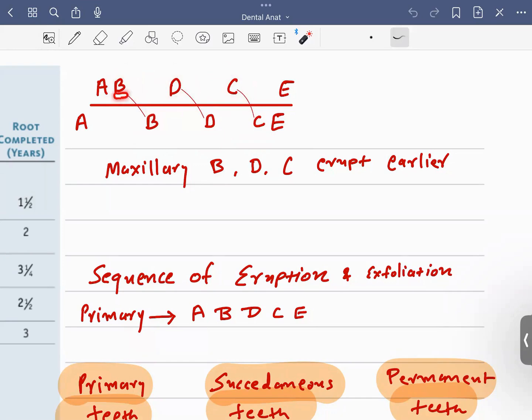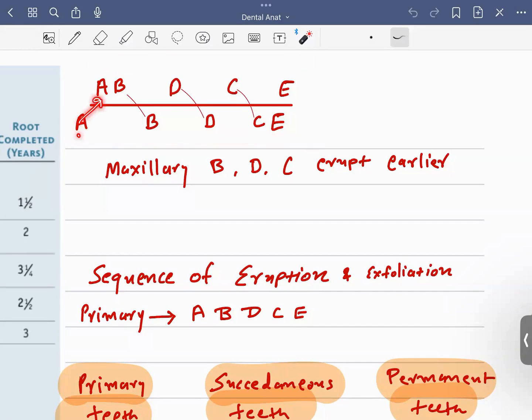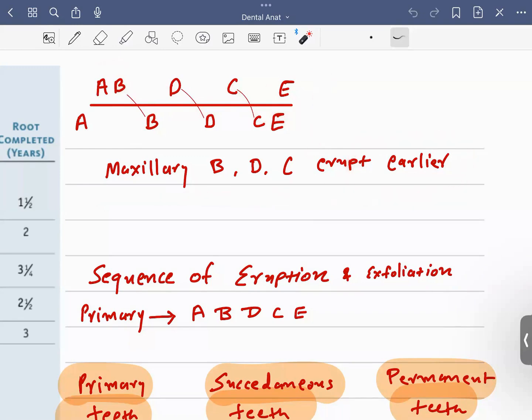Maxillary B, D, and C erupt earlier than the mandibular ones. If this is the timeline, mandibular A erupts first, then maxillary A, then maxillary B, and so on. Is it clear what I'm trying to tell you? Maxillary B, D, and C erupt earlier than the mandibular B, D, and C.